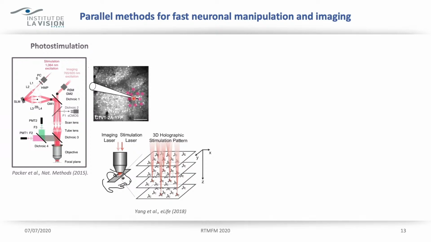The number of beamlets and their position can be dynamically updated up to the SLM refresh rate, which so far in standard models was 60 Hz, but this tends to change as faster SLMs are coming to stage.